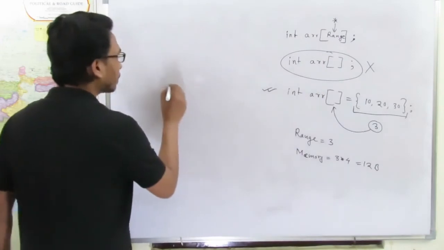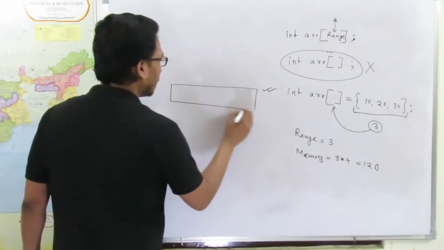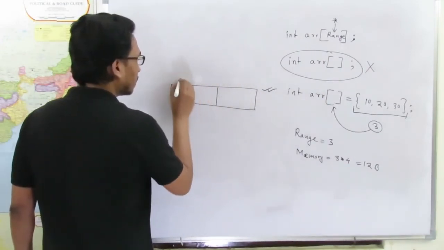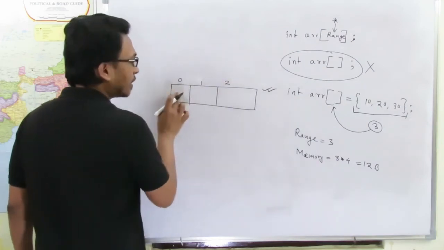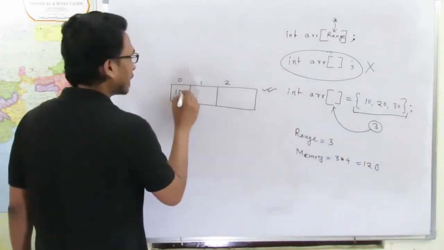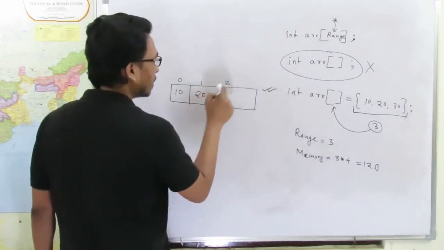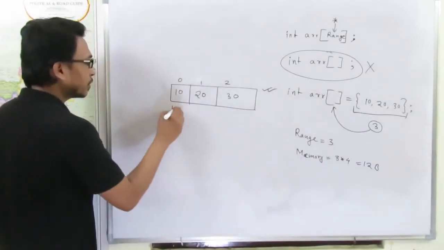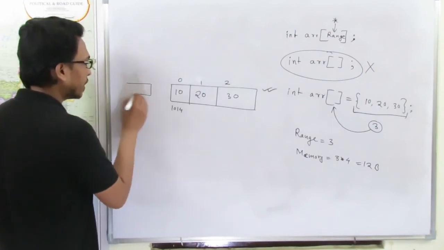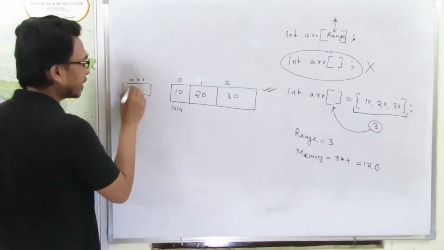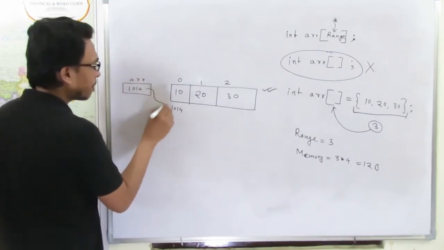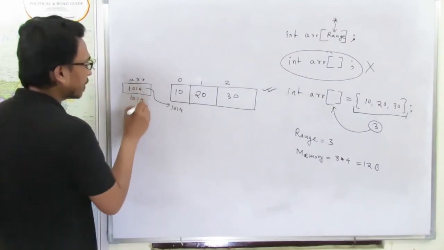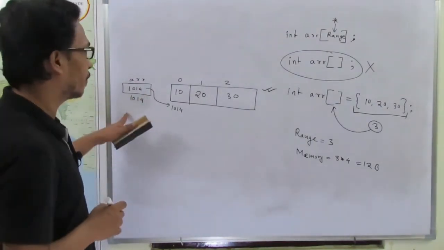Now in the memory part, indexes 0, 1, 2: the first element will be initialized with 10, the second element with 20, and the third element with 30. Let's say the base address is 1014, so now arr will contain 1014, and the base address of arr will again be 1014.